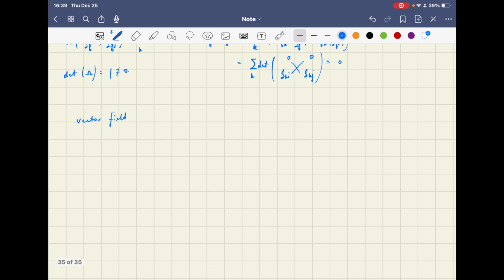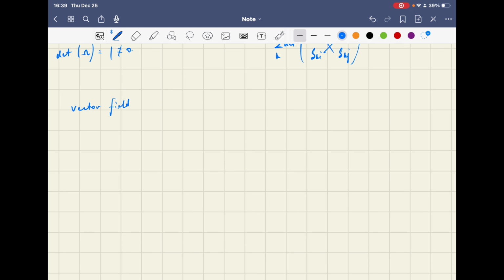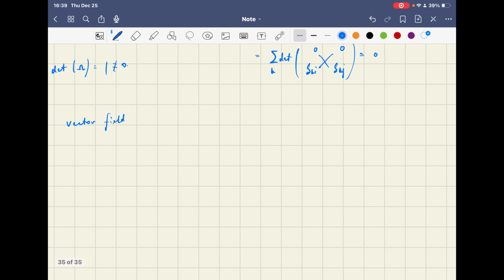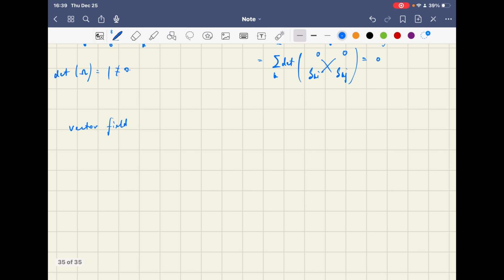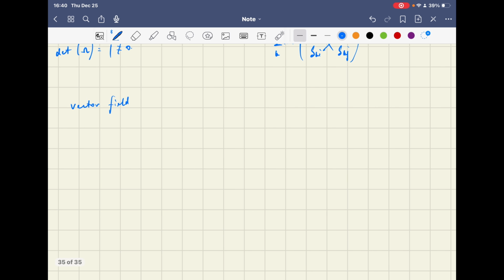So if we could obtain a vector field from the two-form, it would be very helpful. And what is even more helpful is that the vector field obtained is unique, meaning that if we already have omega, we can determine the only vector field that is going to describe the system.